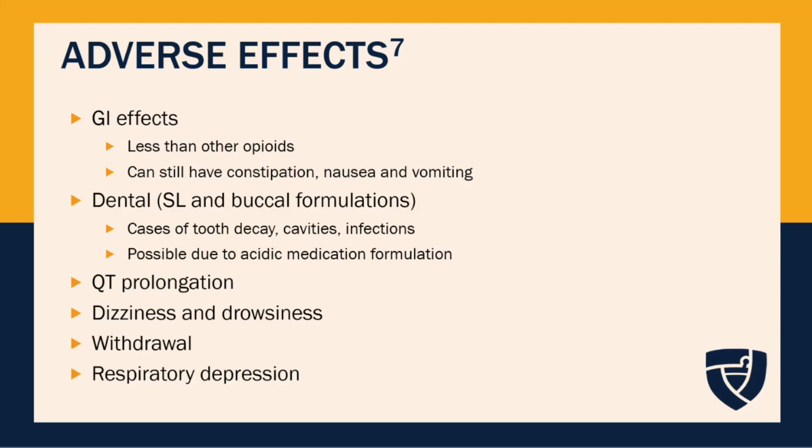QT prolongation is also listed as a possible adverse effect. Dizziness and drowsiness, risk of withdrawal if you're starting a patient who is on very high doses of opiates, and respiratory depression is still a risk, although much less than other opiates.